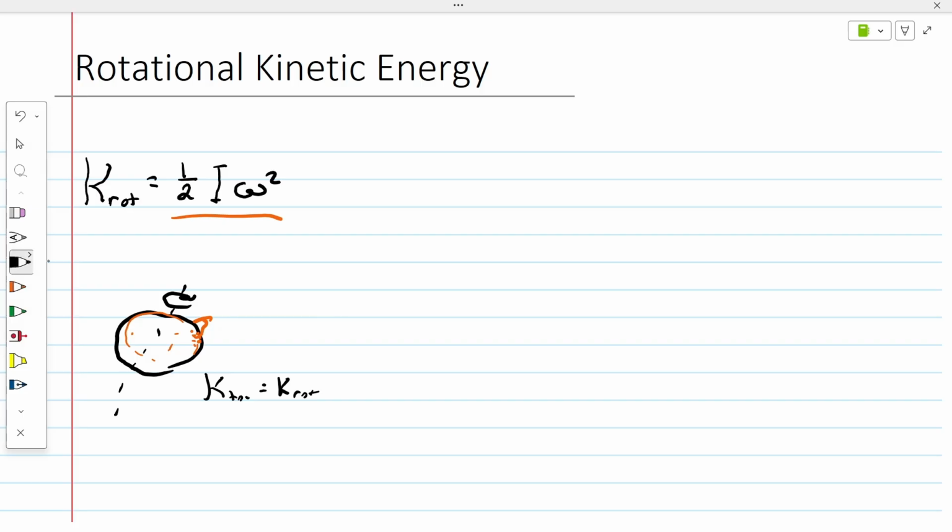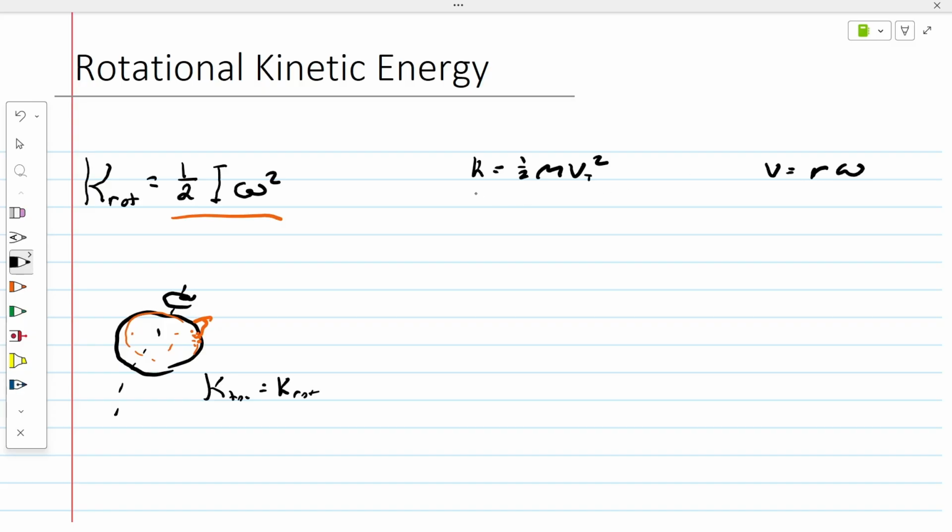So let's see how we derive this equation. Let's say the kinetic energy equals 1/2 m v squared. This is the typical kinetic energy of linear motion, and this v will be the translational velocity. We learned previously that the velocity can be related to the angular velocity using r times the angular velocity.